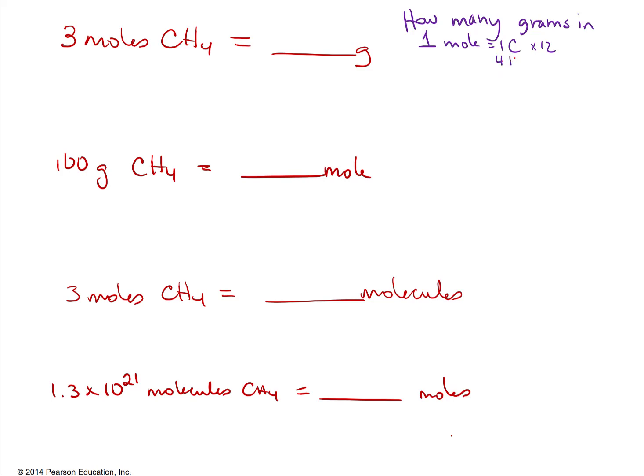Hydrogen, I've got 4, and we said hydrogen weighs 1. Carbon weighs 12, each hydrogen weighs 1, so that's going to give us a total mass of 16. So methane has 16 grams of methane in 1 mole.